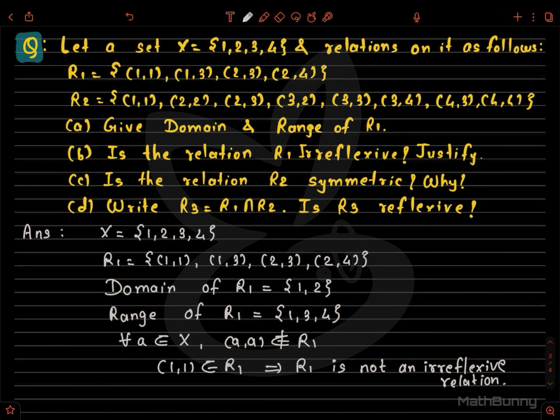And if all the (a, a) type of pairs are present in the relation, then it is a reflexive relation. Here some (a, a) type of pairs are present, which means (1, 1) is present, but (2, 2), (3, 3) and (4, 4) are not present. That's why R1 is actually a non-reflexive relation.